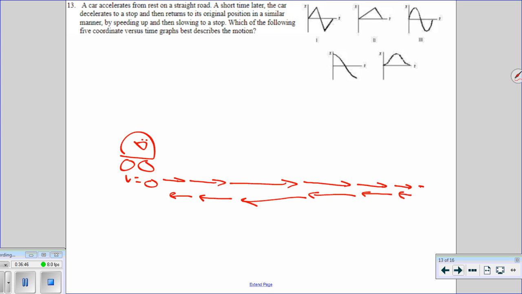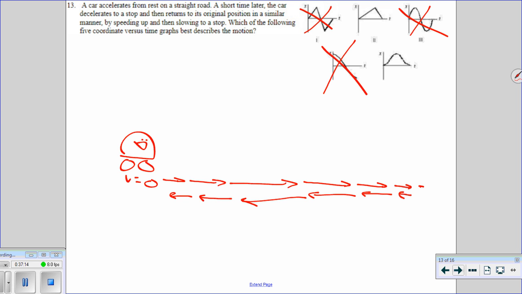So it's got to start and end in the same position. So that rules one of them out. This guy, right? That one can't be right because it doesn't have the same starting and ending position. It never has a negative position. Good. That's a good way to look at it. So that rules out these two, right?